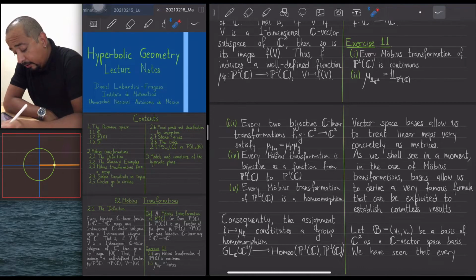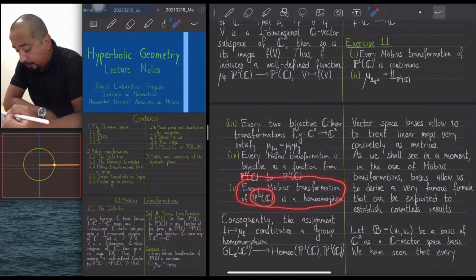And because we already have 1, 2, 3, and 4, we see that every Möbius transformation is a homeomorphism of P1C to itself.